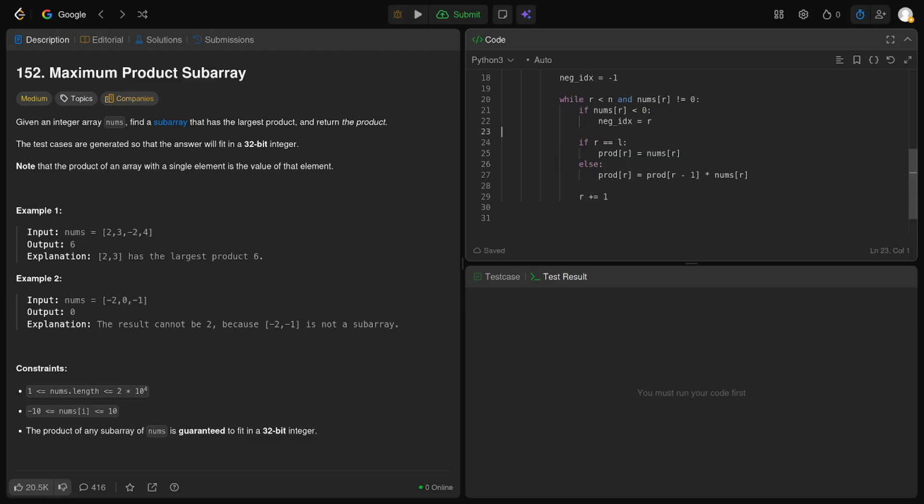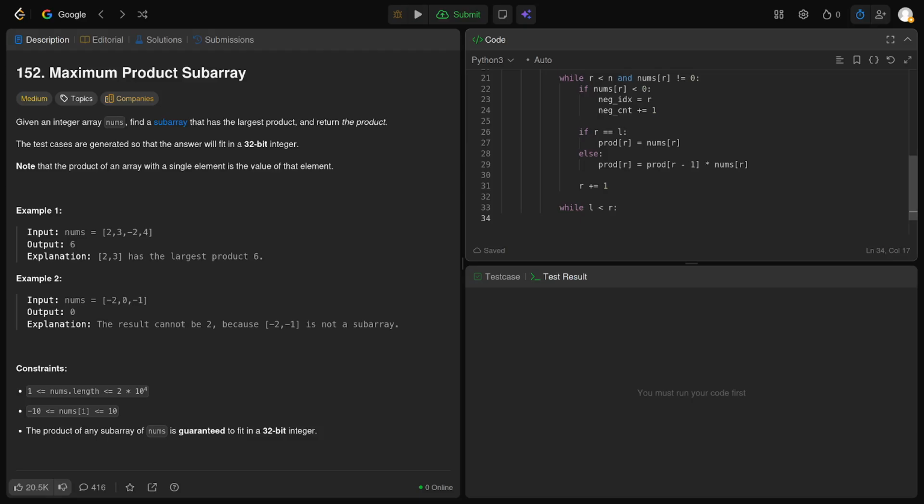Oh, we need to have like parity, right? So negative count is 0, negative count is plus 1, right? And now while L is less than R, then we do this, right?